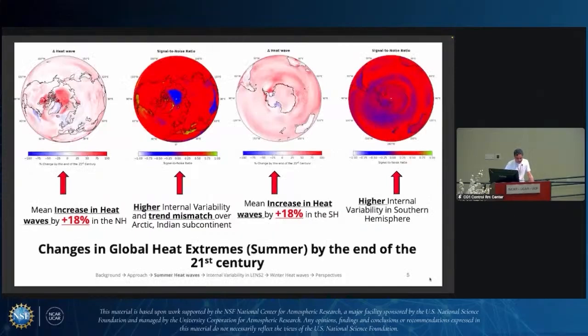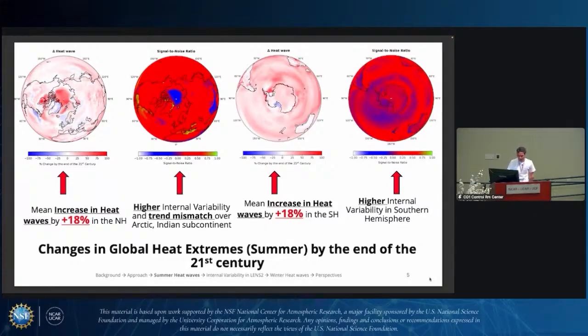Going directly to the results, on the left-hand side you're seeing the northern hemispheric future changes in heat wave frequency in the summer season. The dark plot just adjacent to that is the signal to noise ratio at each grid point, and the same is shown on the right-hand side for the southern hemisphere.